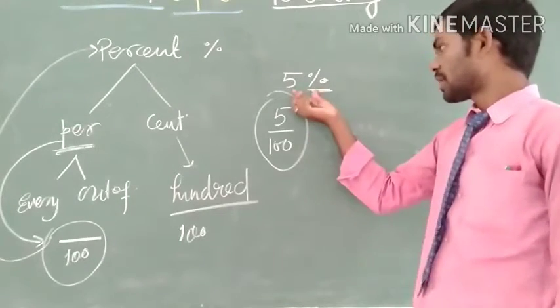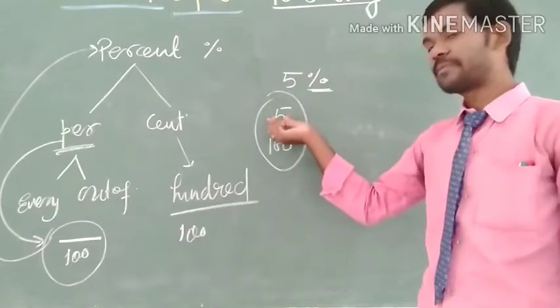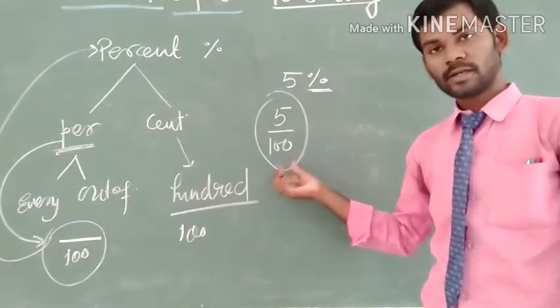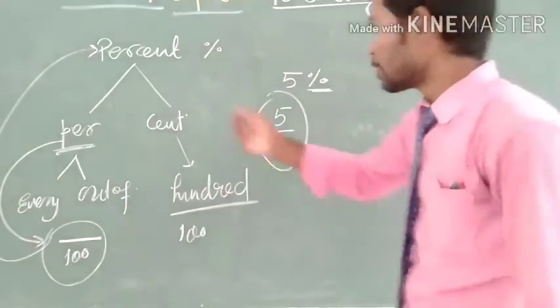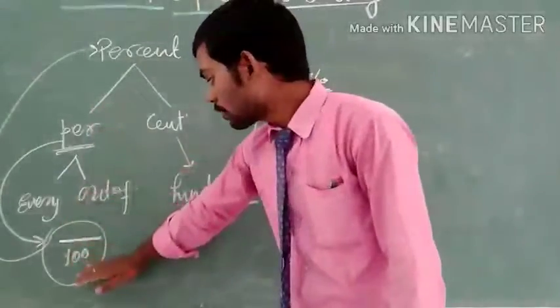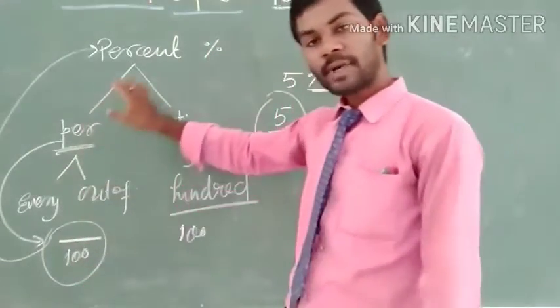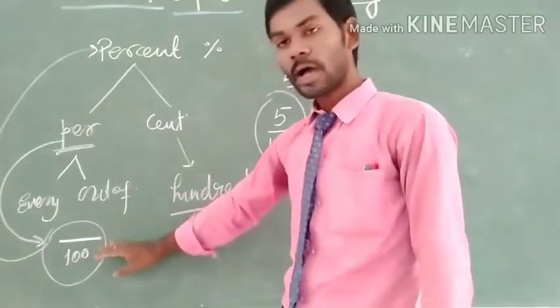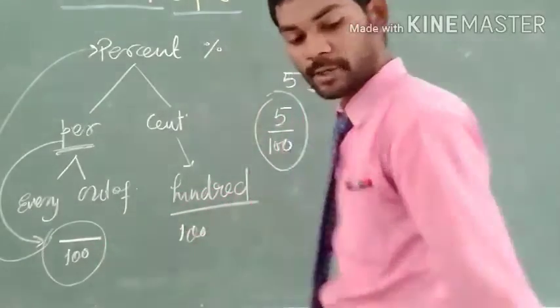So 5% can also be written as 5 upon 100. Okay, why do we write percent as upon 100? Let me explain to you.